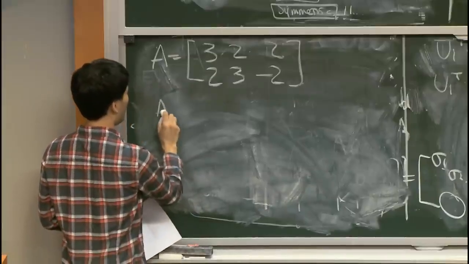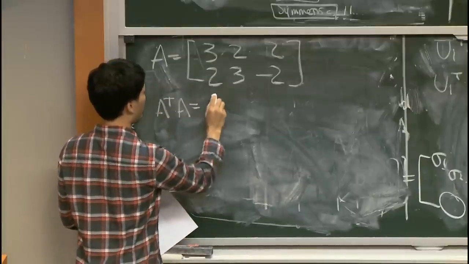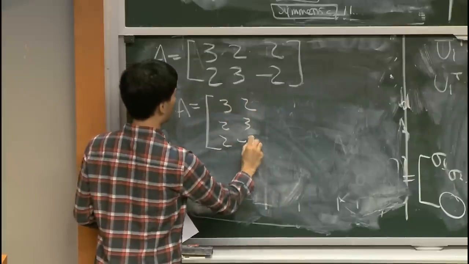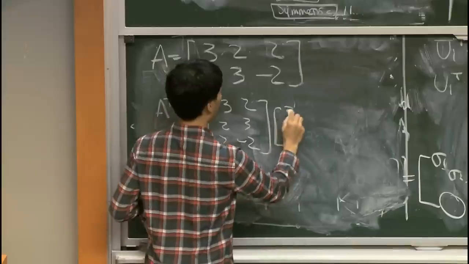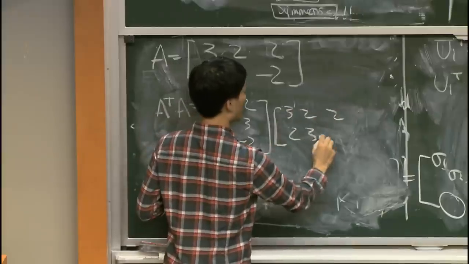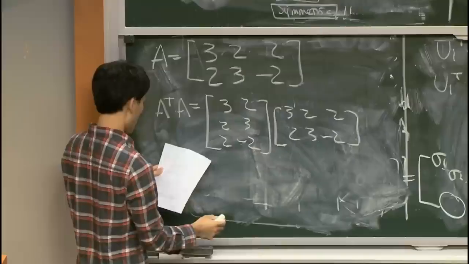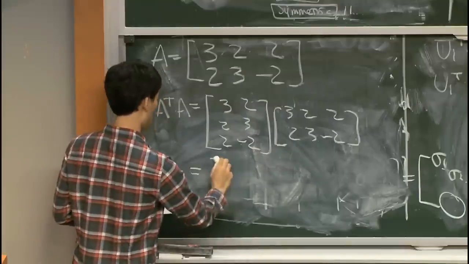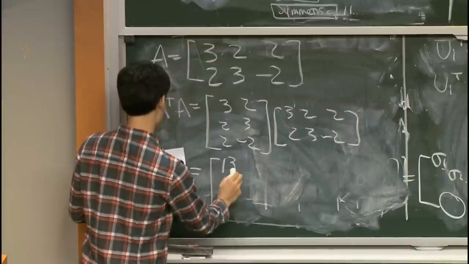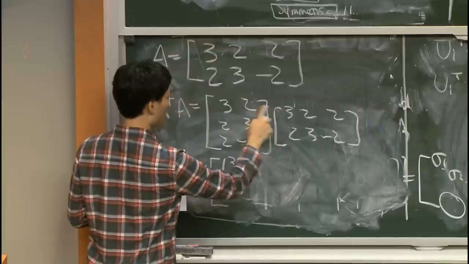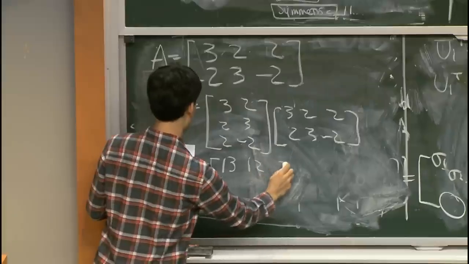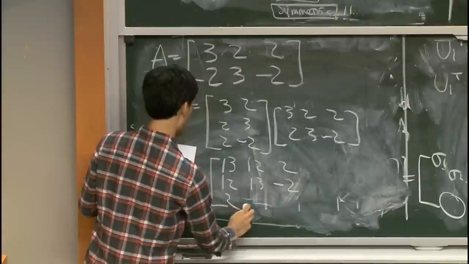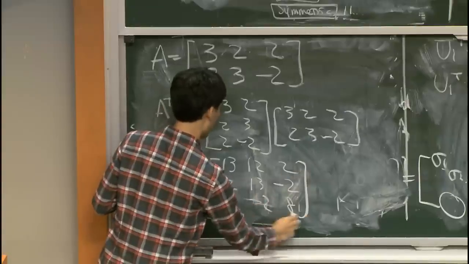A transpose A, we have to compute that, and you'll get 13, 12, 2, 12, 13, -2, 2, -2, 8.